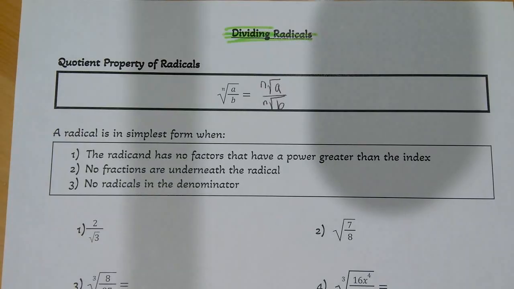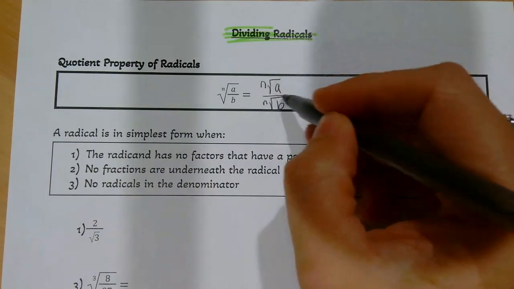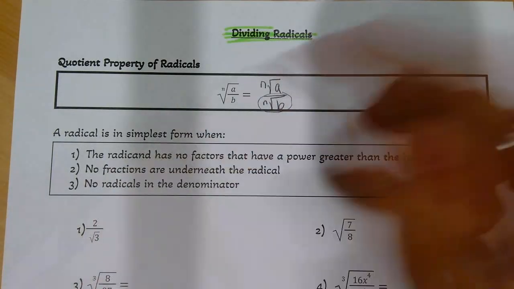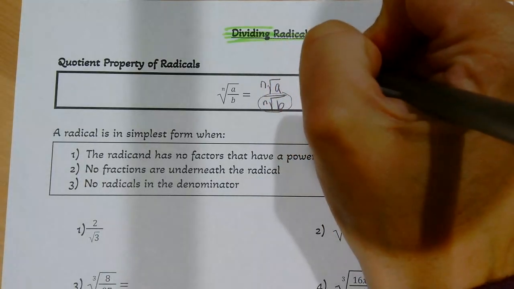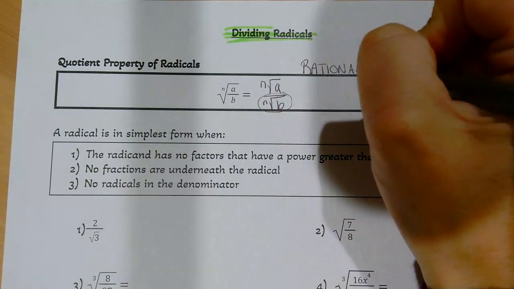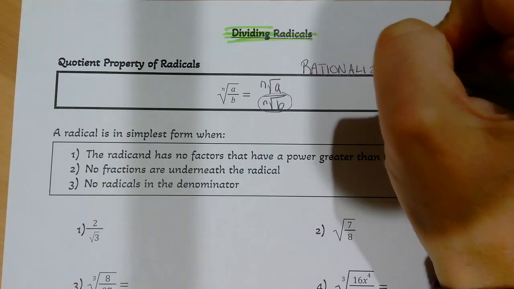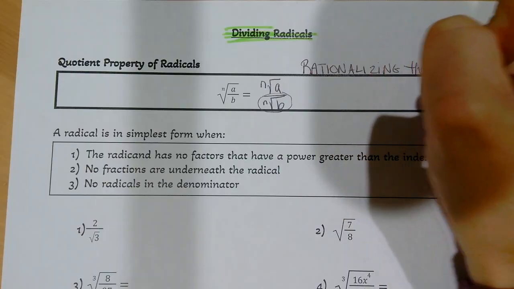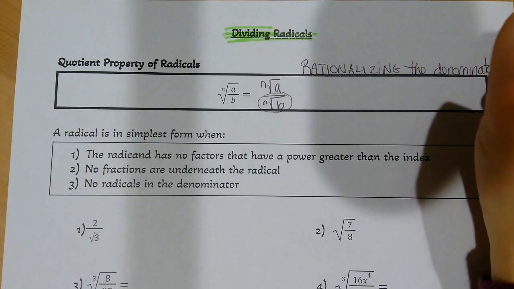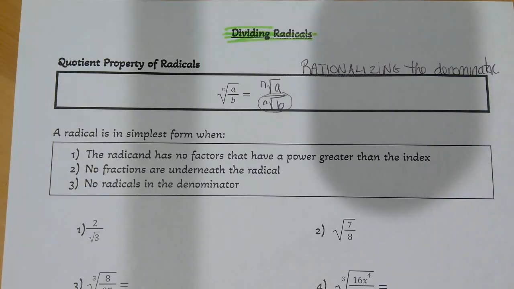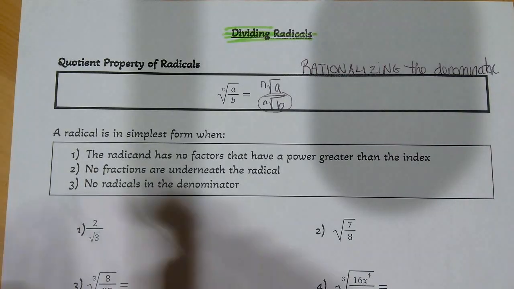Now we have this property in roots that we don't leave a root on the bottom. And what we call this is rationalizing the denominator. Let me see what that means again.